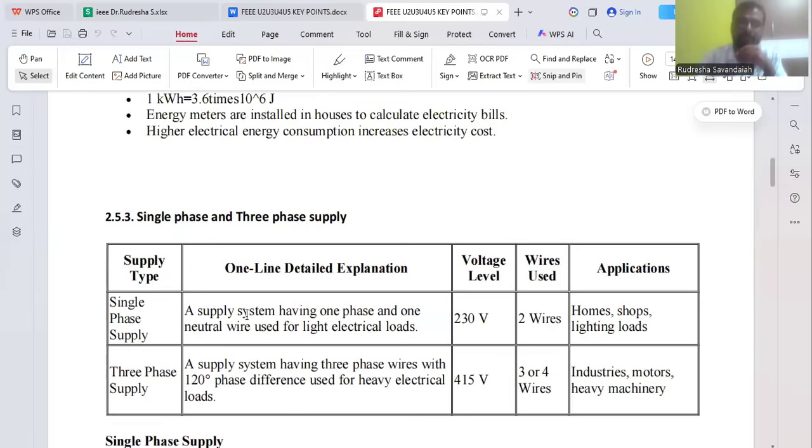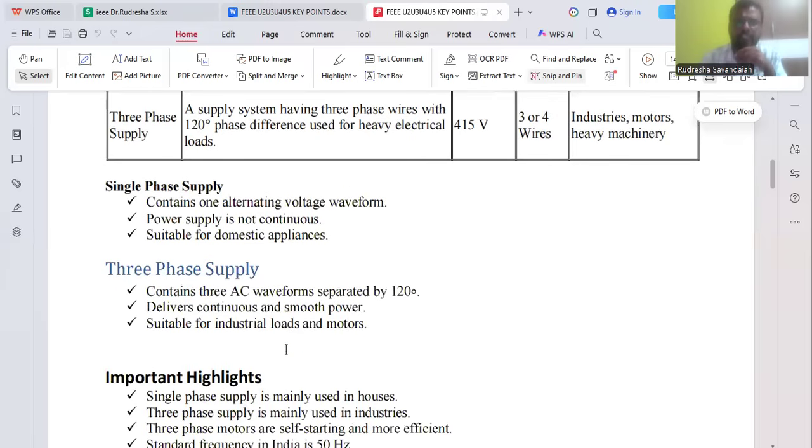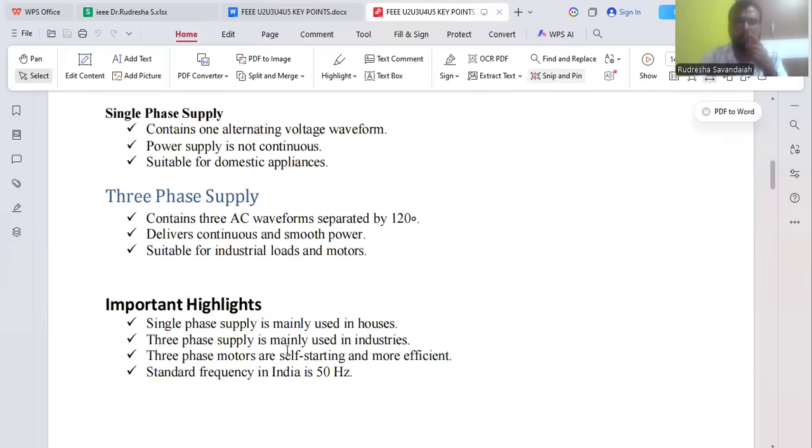Single phase supply, three phase supply. Single phase supply contains one alternating voltage waveform, so the power supply is not continuous, and it is suitable for domestic applications.